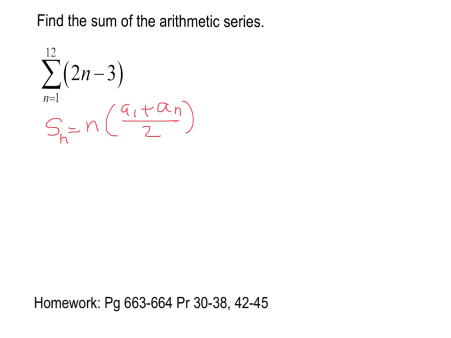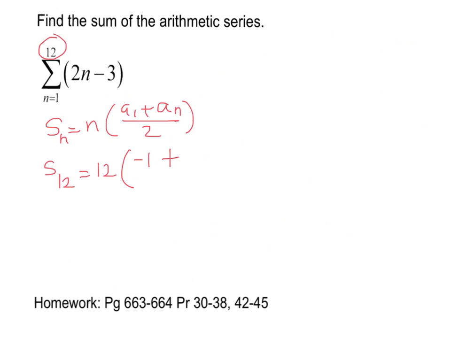So since I have a 12 on top of the sigma, I need to add up the first 12 terms. So S_12 will equal 12 times. Now I need to substitute in 1 for n, so I will have 2 minus 3, which is negative 1. Then I need to substitute in 12.